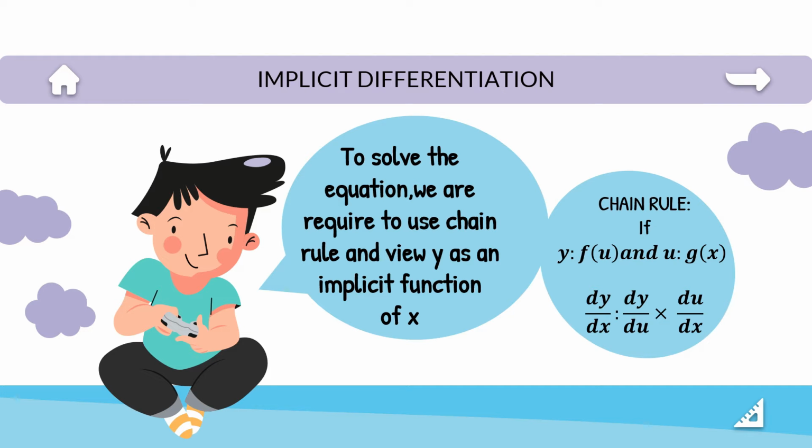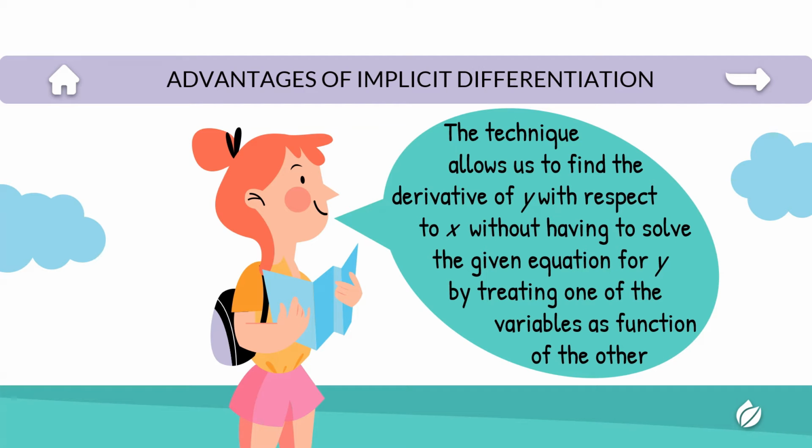So, to solve the equation, we are required to use chain rule and view y as an implicit function of x. The advantage of implicit differentiation is that the technique allows us to find the derivative of y with respect to x without having to solve the given equation for y, by treating one of the variables as a function of the other.